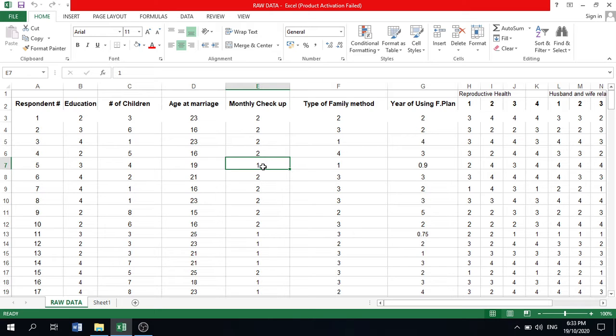We don't just code unconsciously and say I'll put 2 for irregular and 1 for regular. No, we have to have that sense of progression.